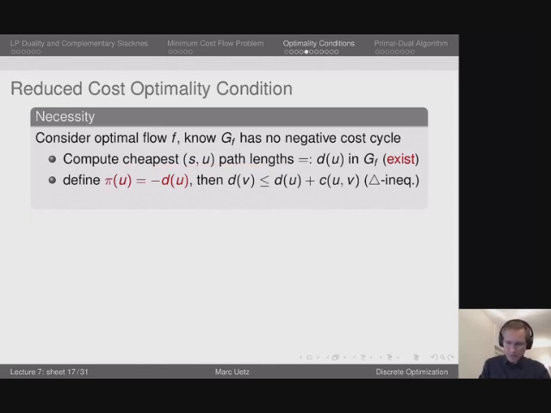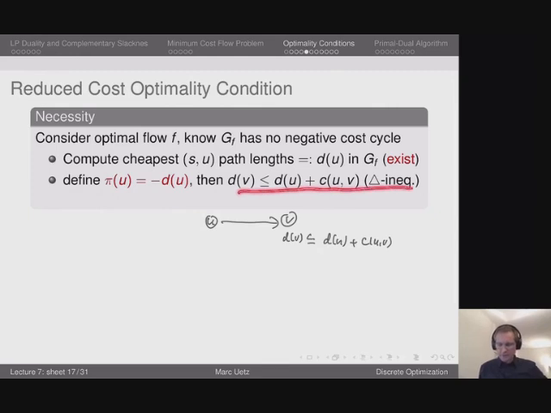If I have an edge from U to V, then I know that the distance label of V is at most the distance to U plus the length of the corresponding arc. So that is the triangle inequality.